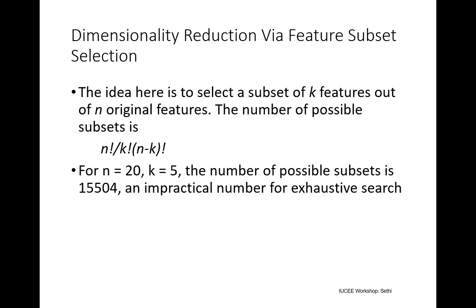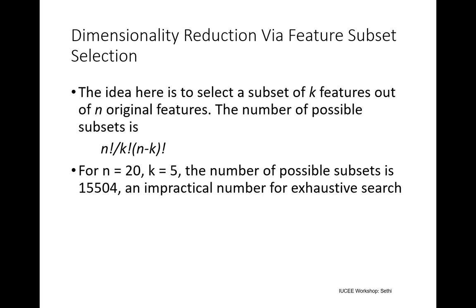All right. So if you take n equal to 20 and k equal to 5 and plug in the numbers, you find that the number of possible subsets is 15,504. That means so many different possibilities are there. And what we need to do is to pick one possibility out of those possibilities, which is the best possibility.